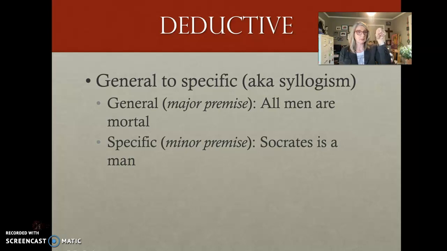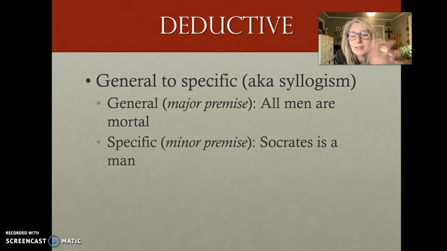You with me? Now, in that, Socrates is a man. So if Socrates is a man and he's in that big man part, I might have just told you this the wrong way. Let me think about this a minute. Yeah, I just told you the wrong way.